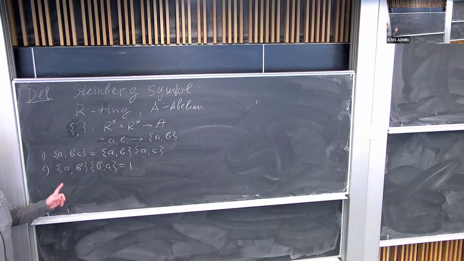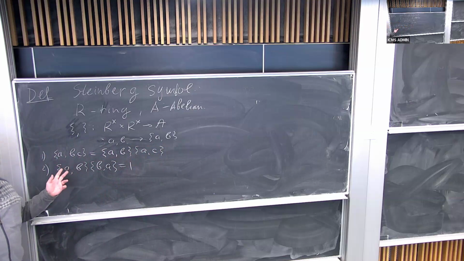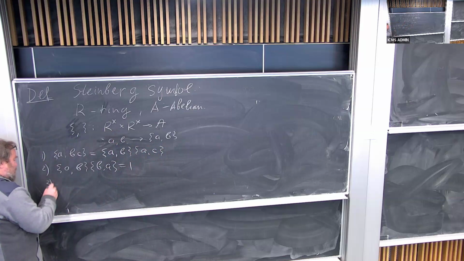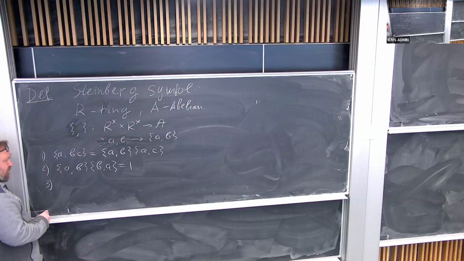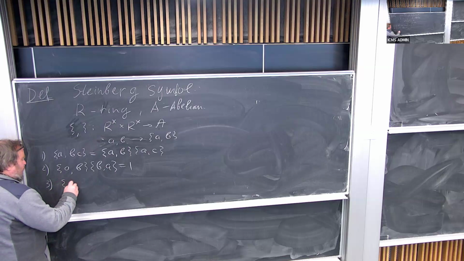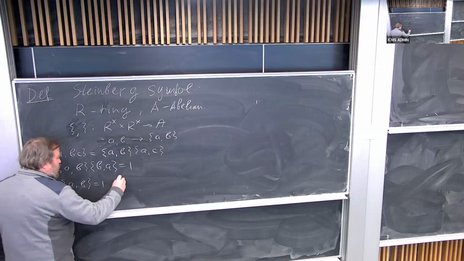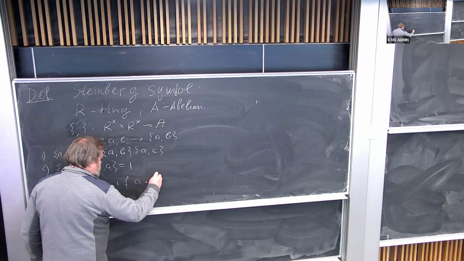It's a kind of antisymmetric form, but on a multiplicative group instead of an additive one, and of course it can be extended to the tensor product R star times R star. The third property is that {a, b} is equal to 1 if a plus b equals 1.